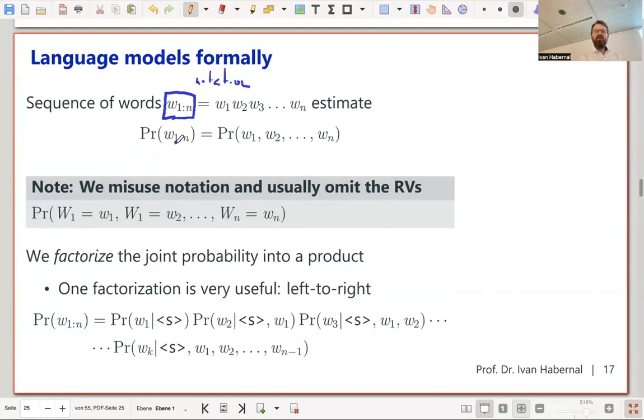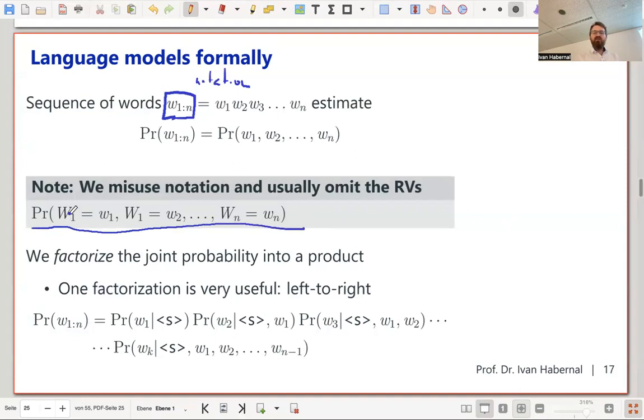And we're saying the probability, okay, this is just the same thing. So we're using this notation with a colon. It's a simplification for sequences. It's kind of like in Python, indexing arrays in Python, you also use this colon. And again, we usually don't write a full W1 equals this and so on.